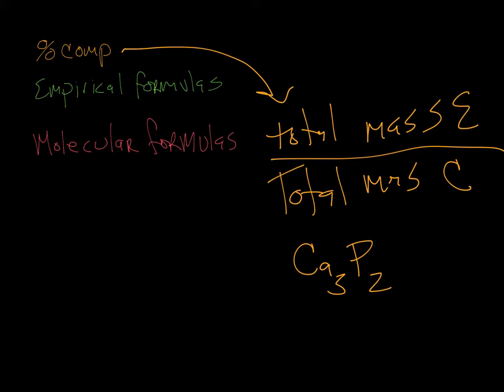So for the percent composition of calcium here, I would want the total mass of calcium, so that would be the mass of calcium times 3, divided by the total mass, which would be the mass of calcium times 3, plus the mass of phosphorus times 2. That's your total mass. So that's a quick, brief review of percent composition.